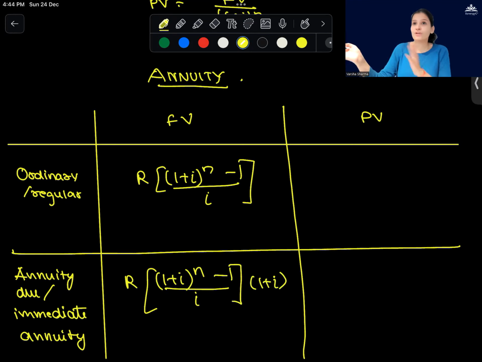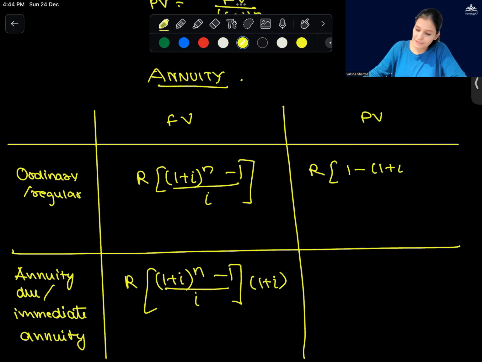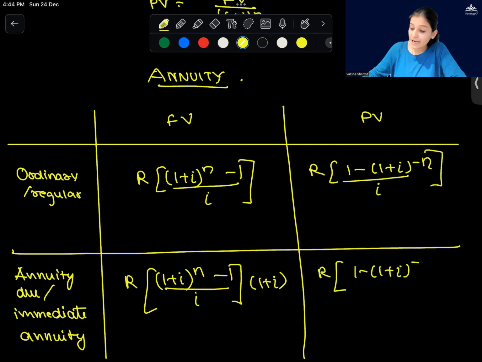Present value. Since we are going backwards, we are going to divide. R times 1 minus (1 plus i) to the power minus n, upon i. And for annuity due, we are going to multiply it by one more factor and reduce the power by 1. Remember, the power is reduced by 1.